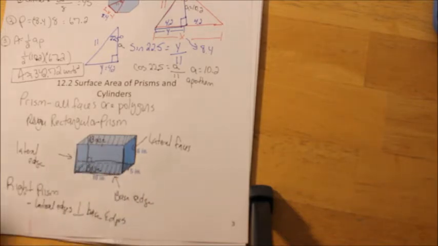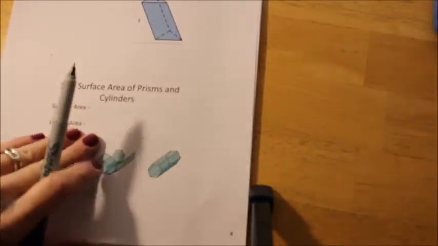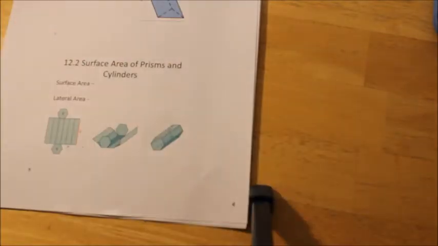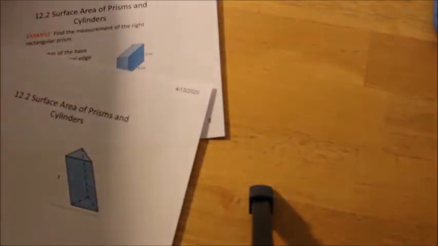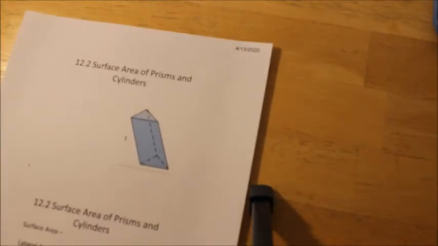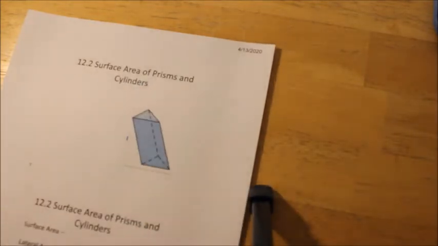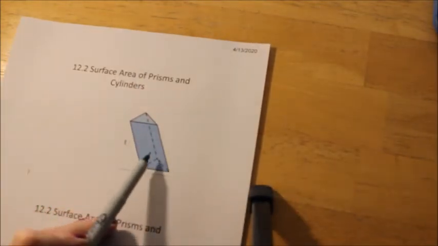Now, we call this a right prism, and then the opposite of that, actually it's not even really opposite. Let me grab this paper here, so I'm not writing on the back of it. There we go. Notice that this one is not standing straight up and down. It's kind of tilting. This is still considered a prism, right?